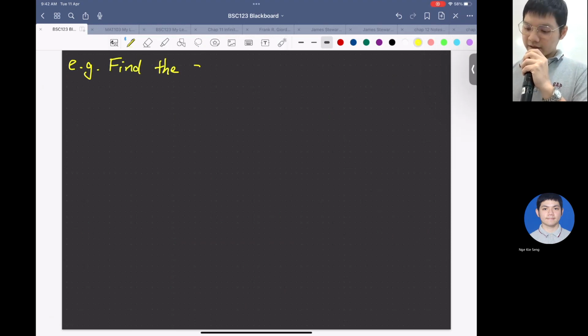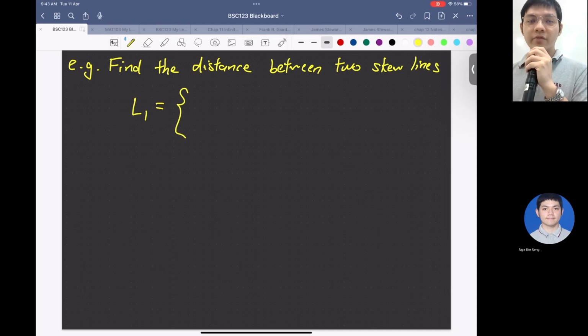So find the distance between two skew lines. What's a skew line? Can someone recall what a skew line is? Don't intersect and not parallel. Good, very good.